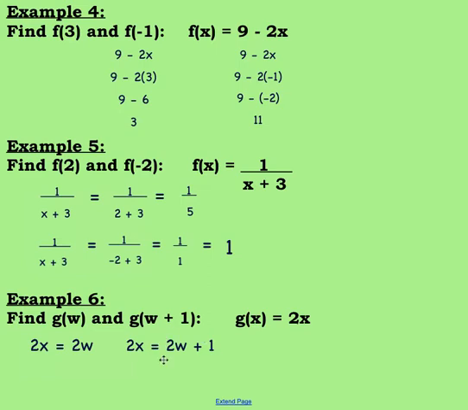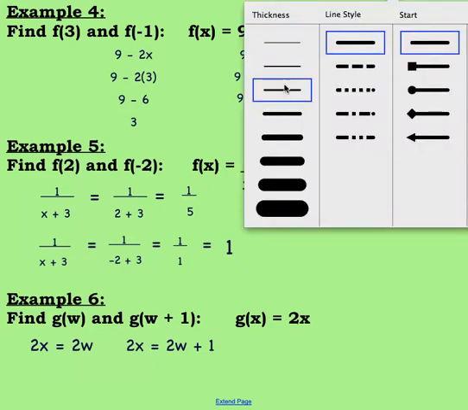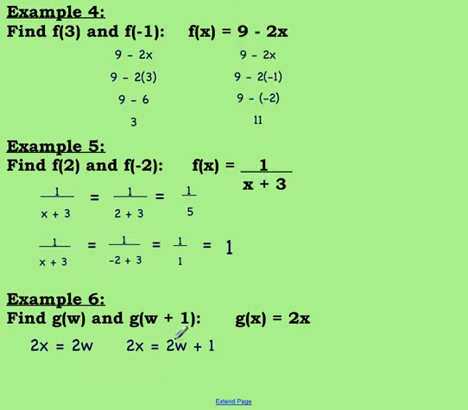Now, do you see anything wrong with this problem right here? Well, really, this problem should look a little different because on this problem, we need to make sure that we have parentheses around this w plus 1.